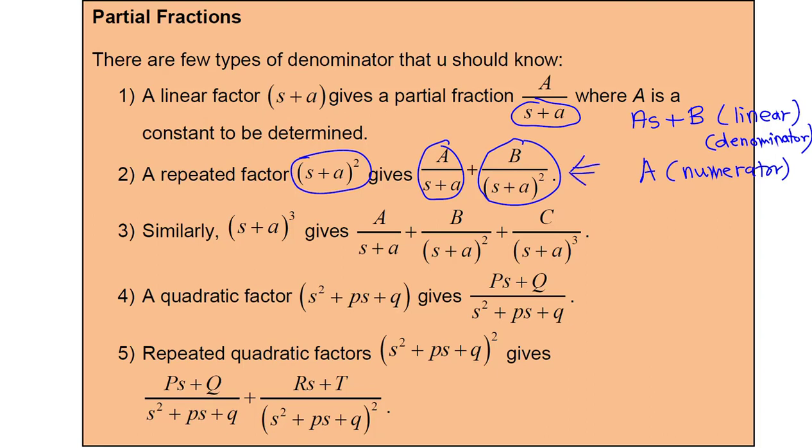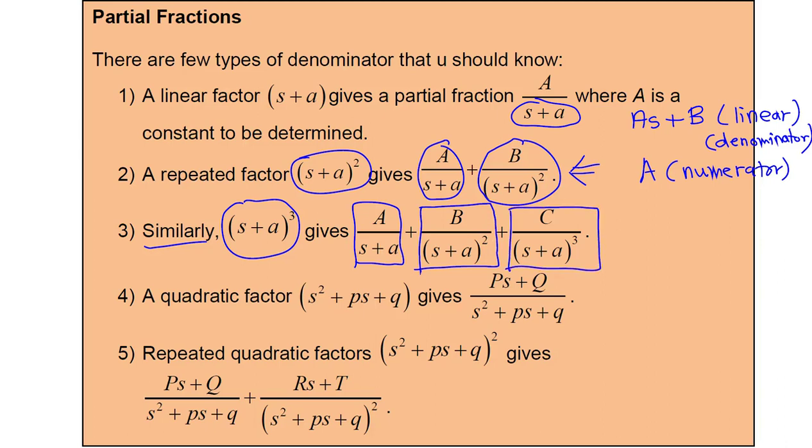Number 3. Similarly, if you have (s plus a) cubed, what you have to do is A over (s plus a), then B over (s plus a) squared, and then you repeat C over (s plus a) cubed.